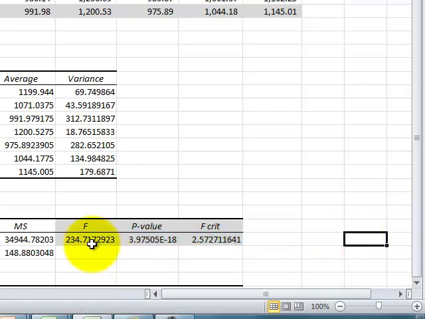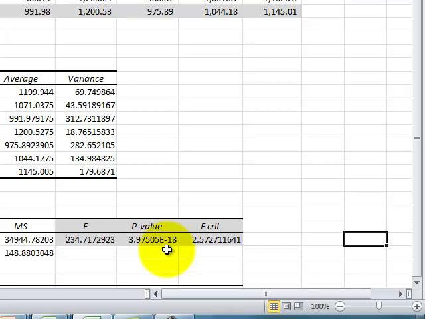So if we look over here, we got some very important numbers. First, we have an F score. That is basically our test statistic. We got a score of 234, which means we're pretty well out on the curve. Our p-value, you can see, is 3.9 times 10 to the negative 18. That in Excel, E to the negative 18 means 10 to the negative 18.